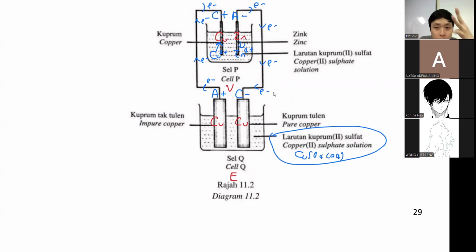You have four ions: Cu2 plus, SO4 2 minus, H plus, OH minus. Cation goes to cathode, anion goes to anode. Same thing. Am I too fast? If you don't understand, you ask me. Just repeating around the same thing. Anion goes to anode, cation goes to cathode.